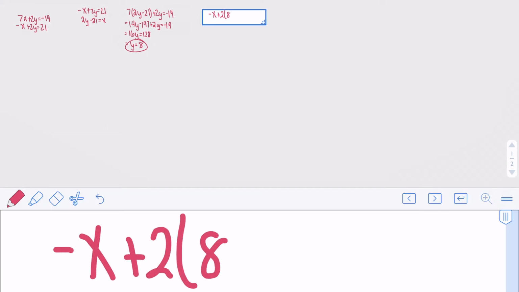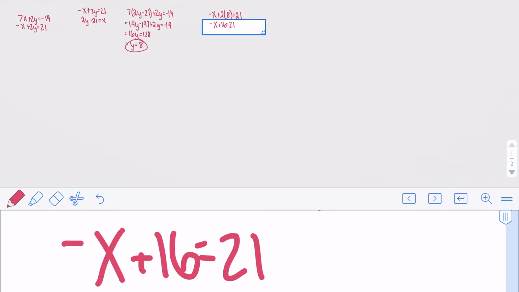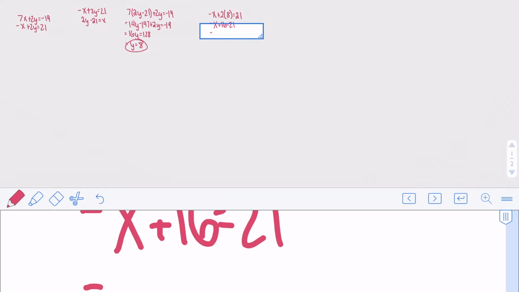Now I will take the 8 and plug it in to the negative x plus 2y equals 21 equation. Now I have negative x plus 2 times 8 equals 21.